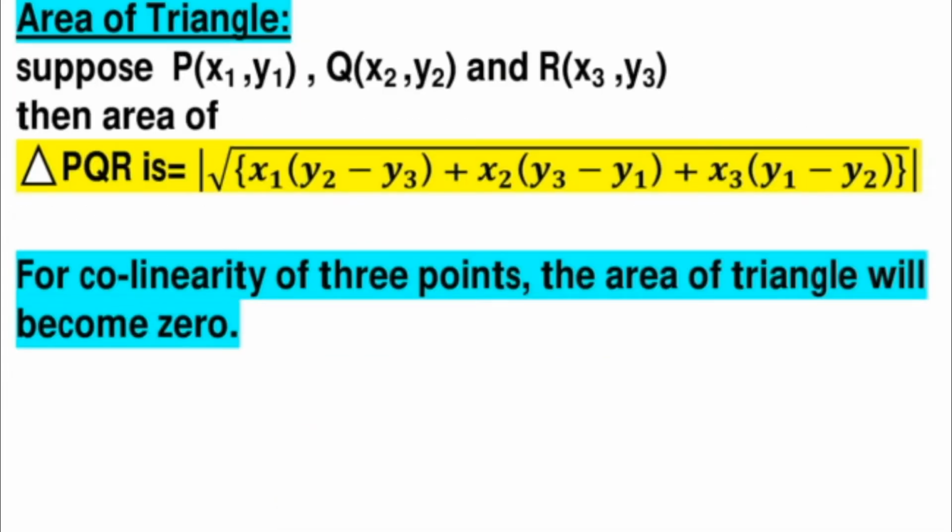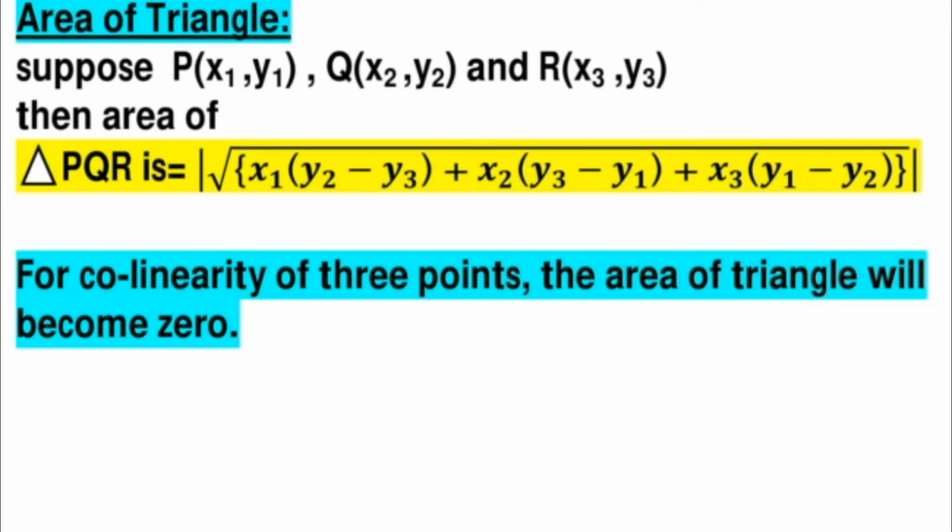Moving on to the next section, which is the most important section of this chapter, known as the formula to find out the area of a triangle. Suppose you are given 3 points P, Q, R whose coordinates are x1, y1, x2, y2 and x3, y3 respectively.